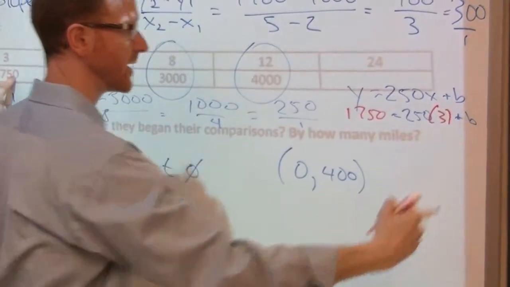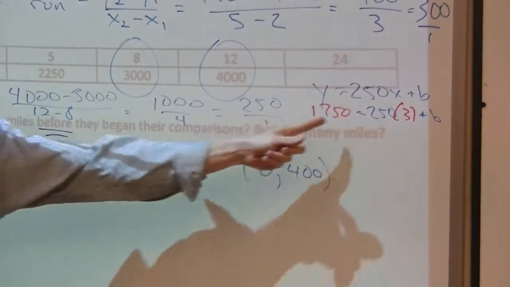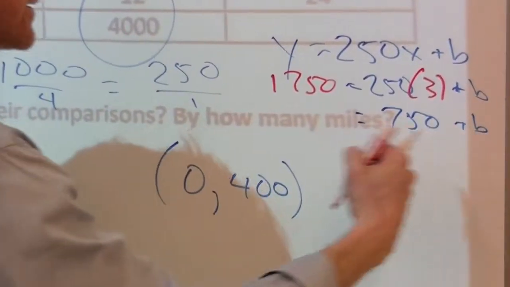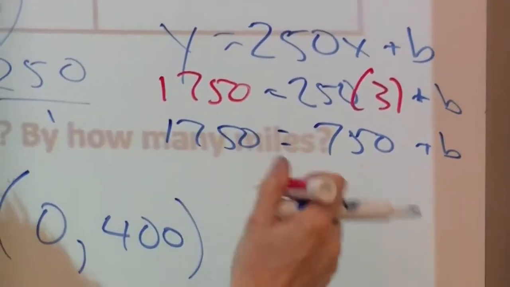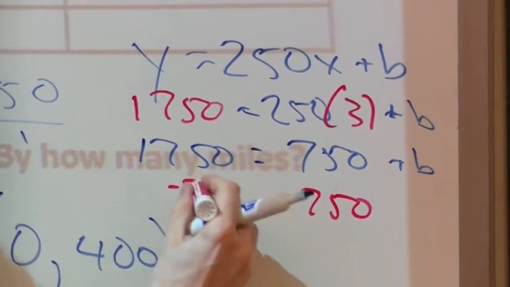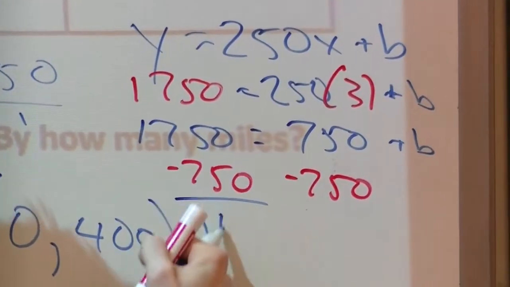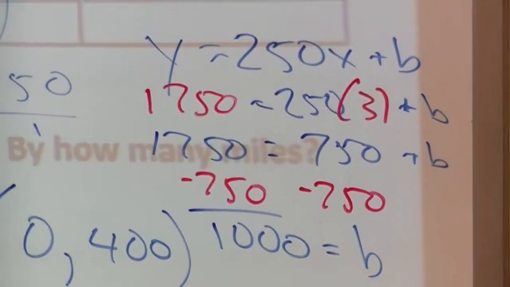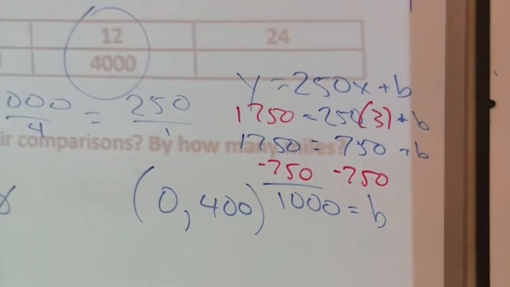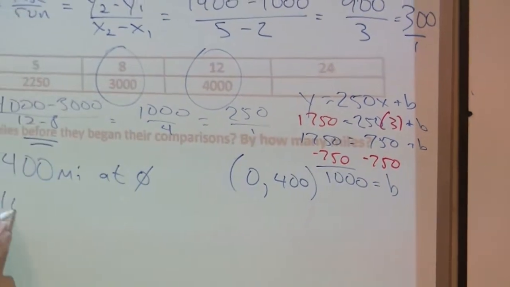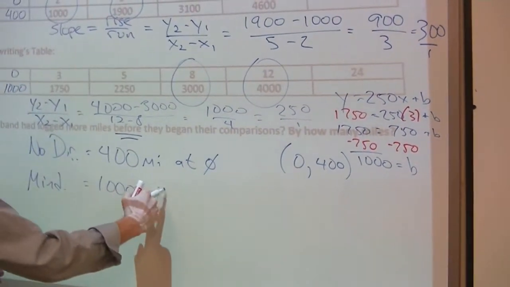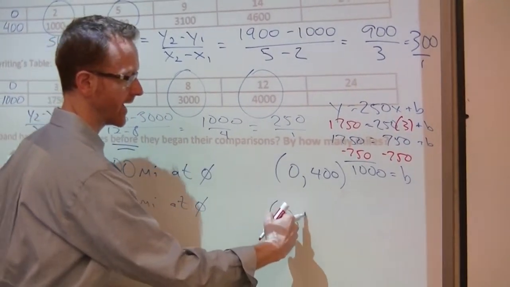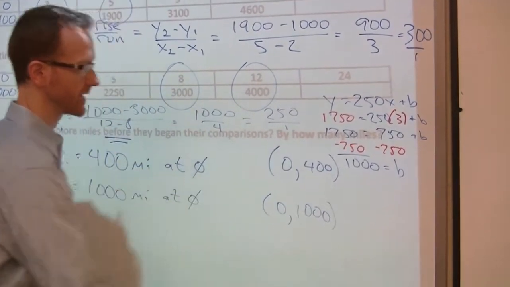Feel free to zoom in, Kiara, if you can't see that. 250 times 3 is 750 plus b equals 1,750. Subtract 750 from both sides, and sure enough, 1,000 equals b. So I know that Mindless Songwriting had 1,000 miles at 0, and when I plot their line on the graph, that's the first point I'm going to put.